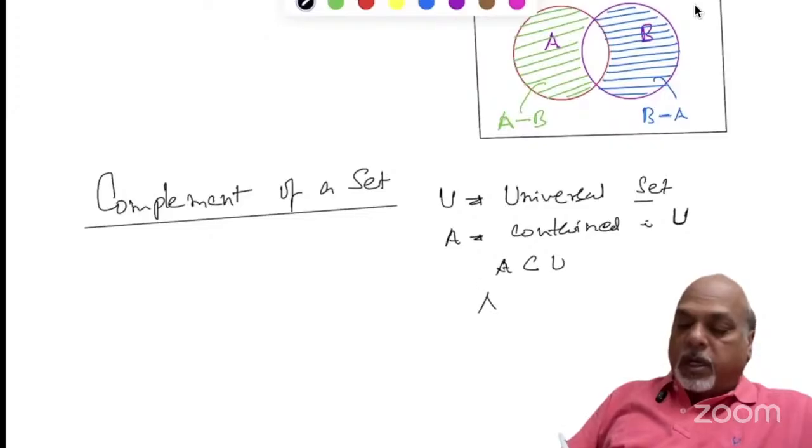Complement is denoted by A dash. Complement of A is nothing but U minus A.